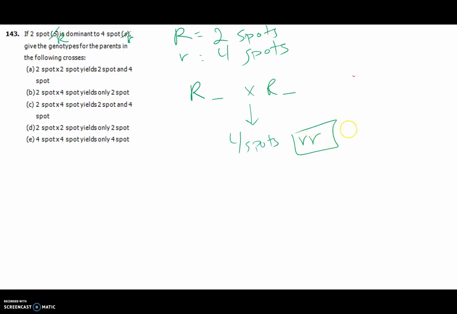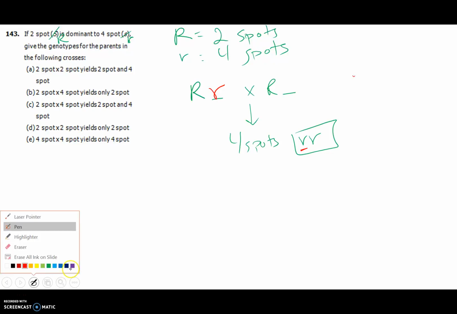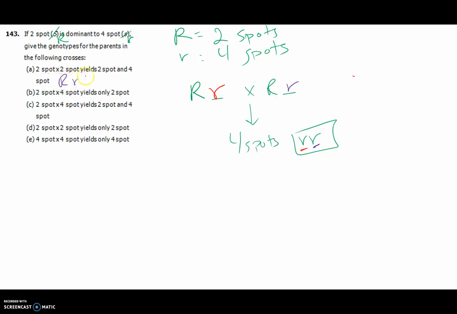So now I have to think, how could 2 parents that have 2 spots give me a child with 4 spots? Well, the kid has to get one little R from one parent, and then the other recessive R from the other parent. So we know that for part A, the parents are 2 heterozygotes.